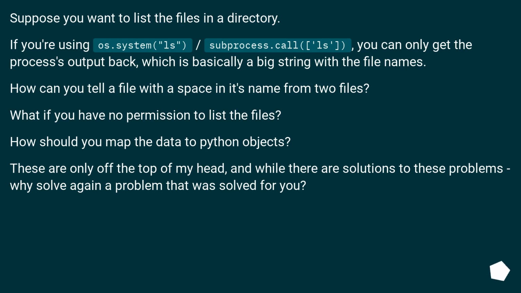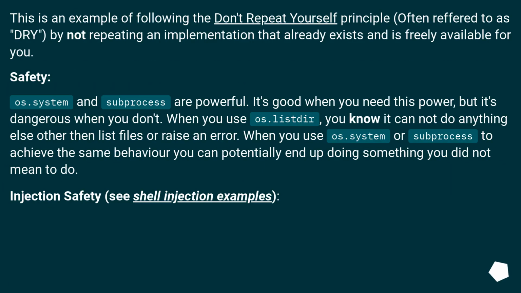These are only off the top of my head, and while there are solutions to these problems, I solve again a problem that was solved for you. This is an example of following the don't repeat yourself principle, often referred to as DRY, by not repeating an implementation that already exists and is freely available for you.